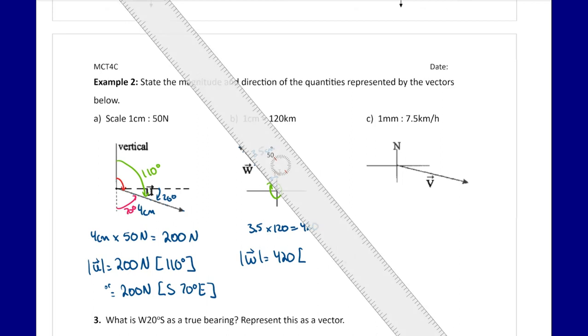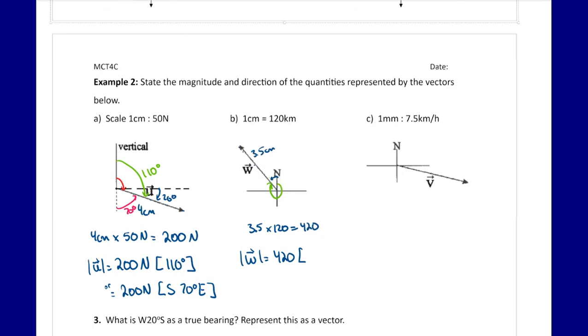Looks like about 50 from 90, so that means that this angle here is 40 degrees. So if that's 40, then clockwise from north, that is not 360, that is 320. So I could say that vector W is 420 kilometers at 320 degrees.